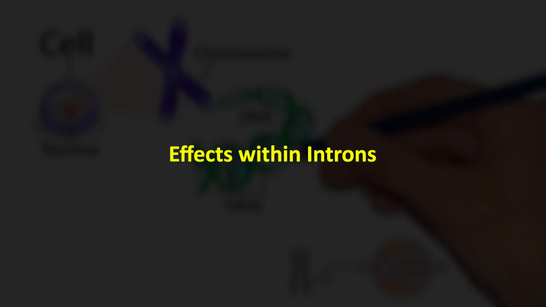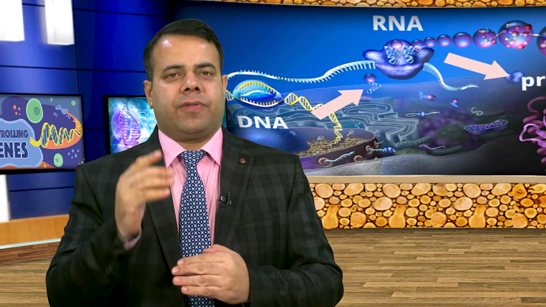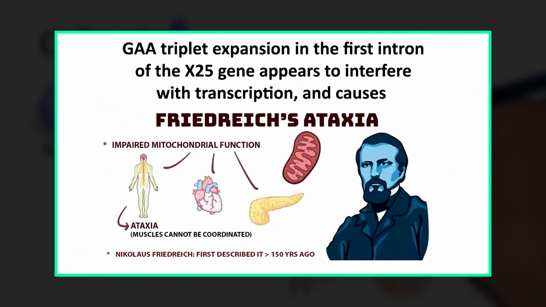Dear students, let's now discuss the effects within the introns, which are the non-coding regions of the gene. Microsatellites within introns also influence phenotype through means that are not currently understood. For example, a GAA triplet expansion in the first intron of the X25 gene appears to interfere with transcription and cause Friedreich ataxia.